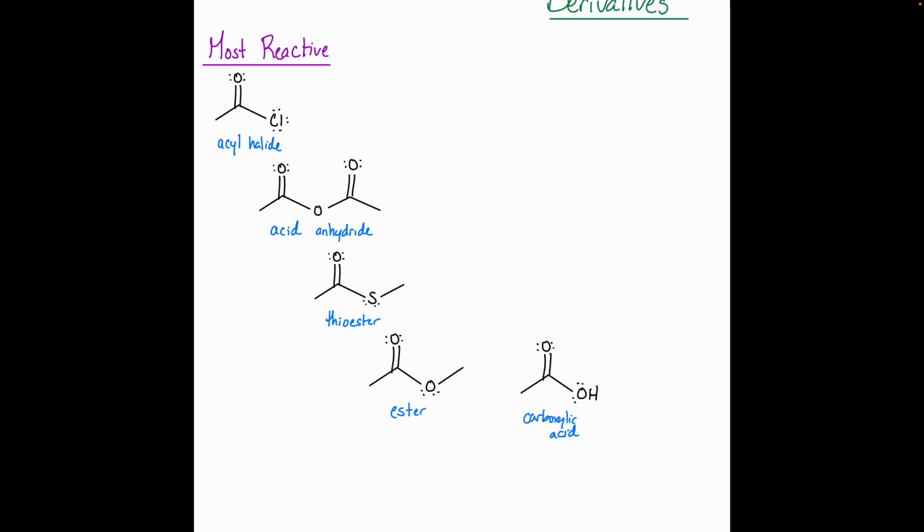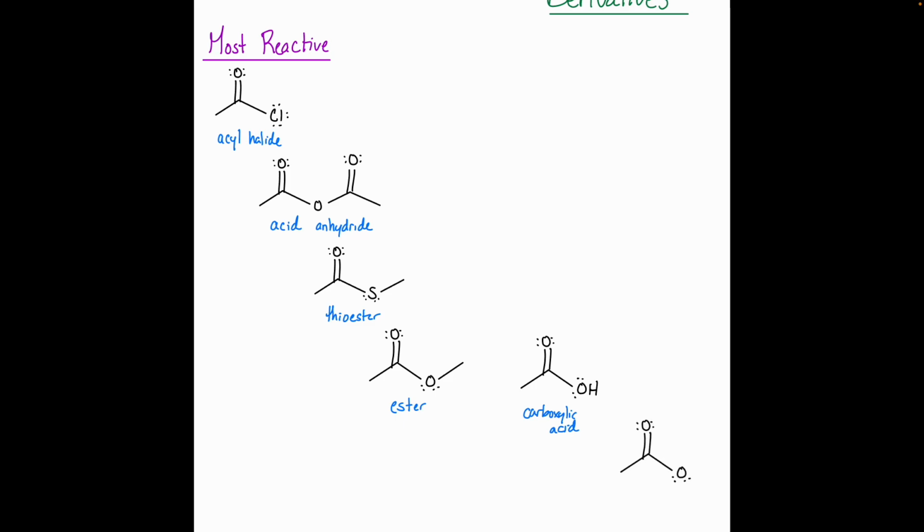And then the last one on our list here is if we had a nitrogen in this position, our amides. They are considered our least reactive carboxylic acid derivative.